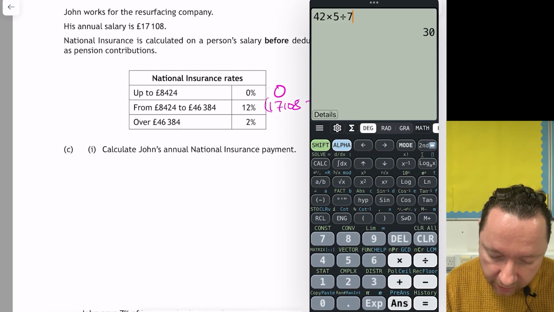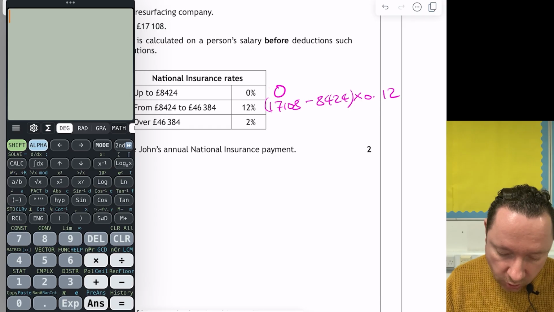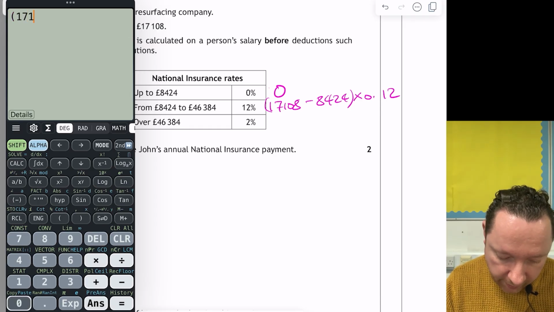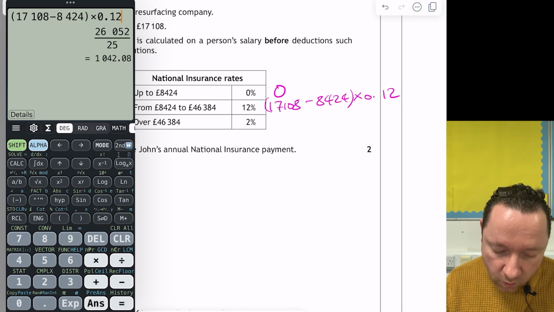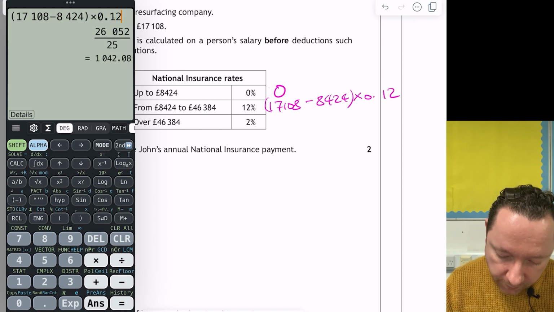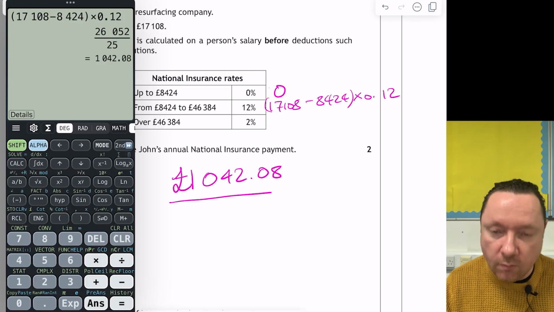So in a calculator, you can do that in one go. Using brackets, 17,108 minus 8424, close the brackets, times 0.12, and you get 1042.08. £1042.08, and we're done there.